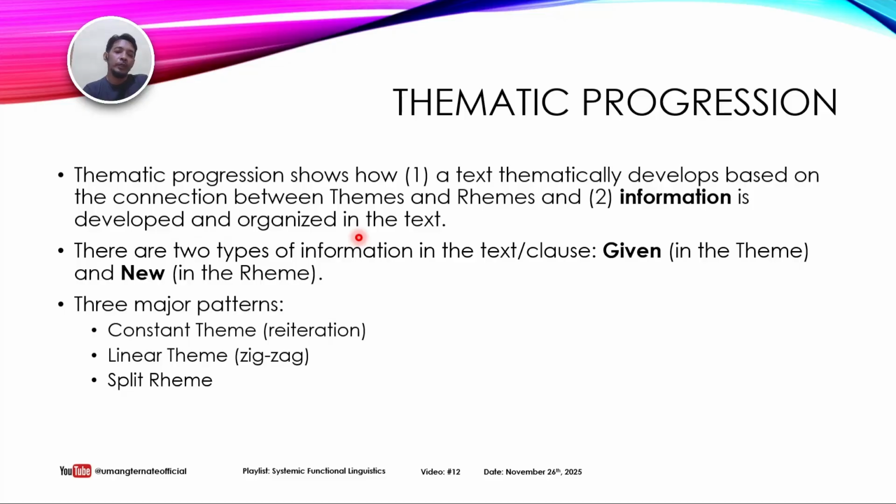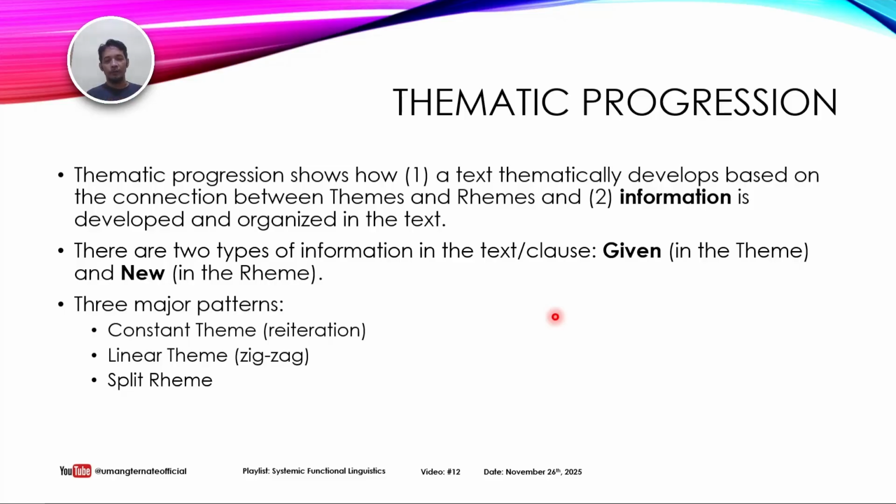So this is also related to another system, the given and new system. So in Halliday's view, there are two types of information in the text or clause. That is the given and the new. Okay? Given is the information that the reader, for example, can recover, maybe because we have mentioned it before.